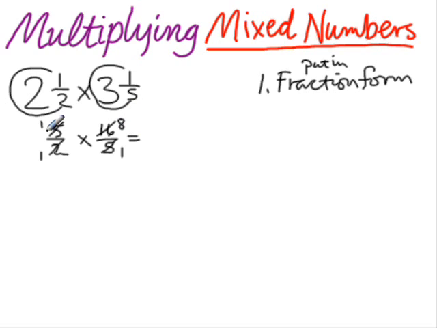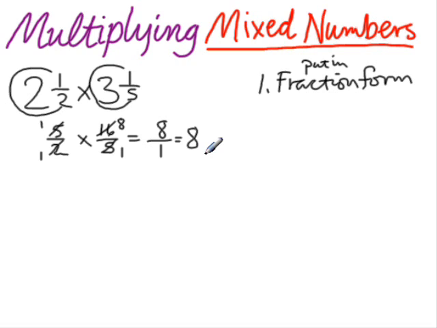And so what we're left with is 1 times 8 on top and 1 times 1, and that can be simplified to 8. And so 2 and 1/2 times 3 and 1/5, in fact, results in an answer of 8.